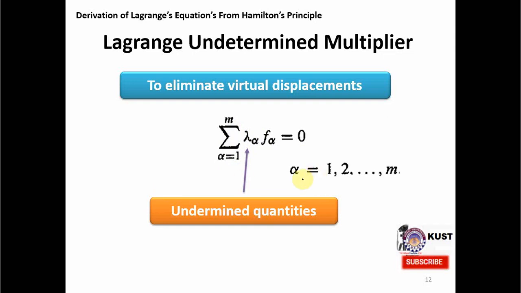Alpha ranges from 1 to n, depending on how many constraints and how many equations of motion we have. But the message is that if, by eliminating virtual displacements, you can put the equations of constraints in this form, where lambdas are the undetermined multipliers, then we will determine their values and the constraints are solved.